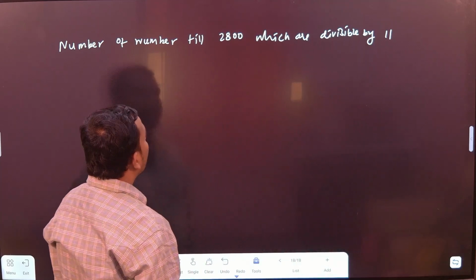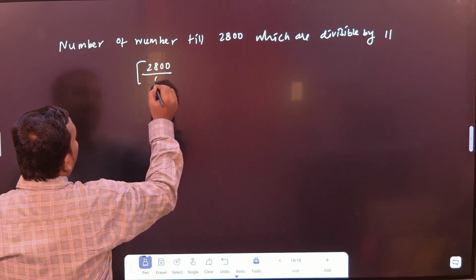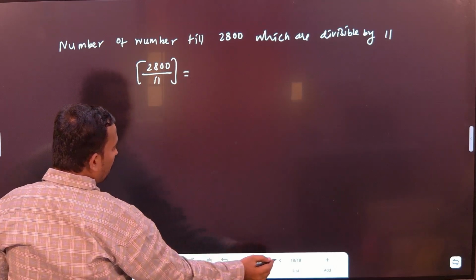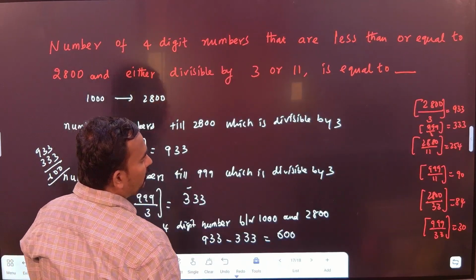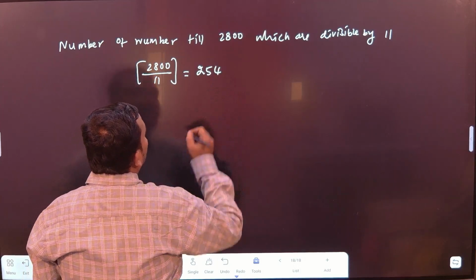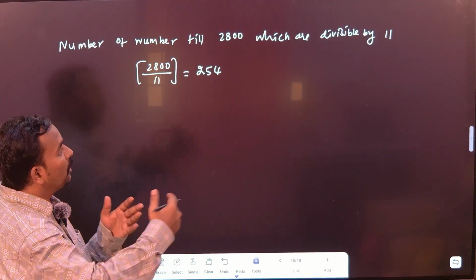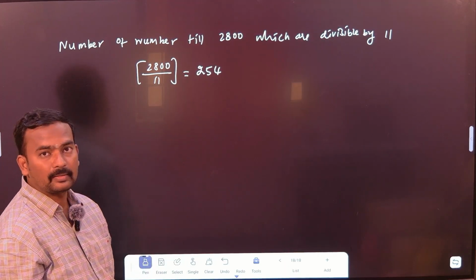That means the larger number is 2800 divided by 11. You can calculate this one. What is that? 254. The greatest integer value is 254. The 254 numbers are divisible by 11 from 1 to 2800.